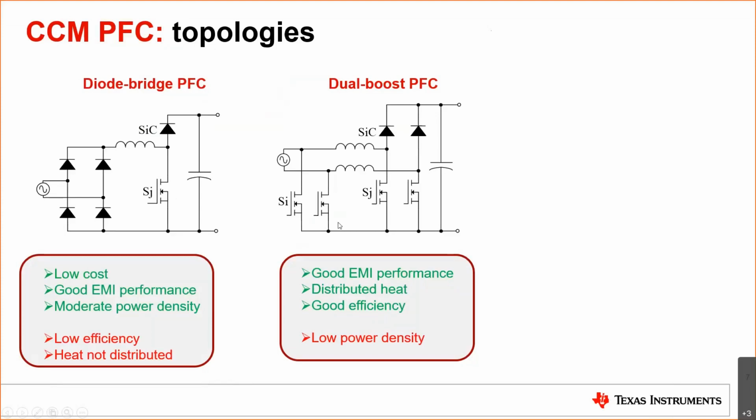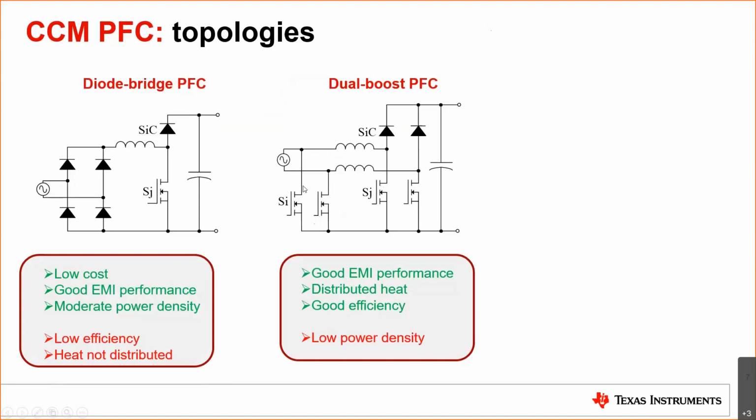Now, what you also see in some designs is that you have as rectification elements diodes in the lower left in schematics, or now for this example, 2 actively switched FETs. The EMI performance, same as with the diode bridge PFC, on the better end. The heat, on the other hand, is better distributed because it's a more symmetrical design. And certainly, since we do not have the full bridge, the efficiency will then also be better.